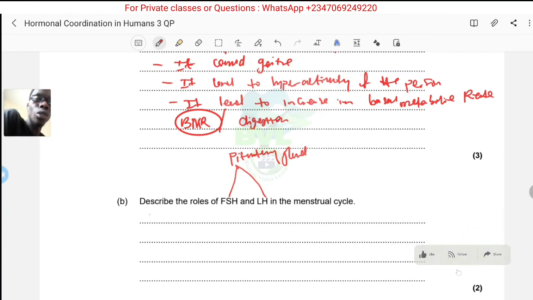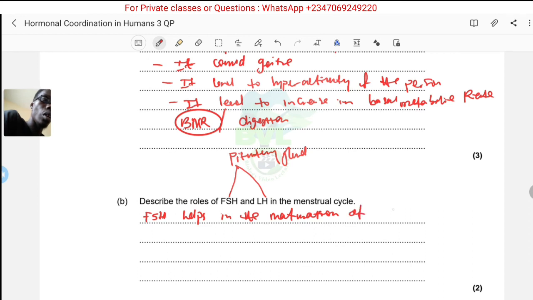Well, follicle stimulating hormone, FSH, helps in the maturation of follicles, or say eggs. Let me say something at this point. Sometimes students don't know what a follicle is.